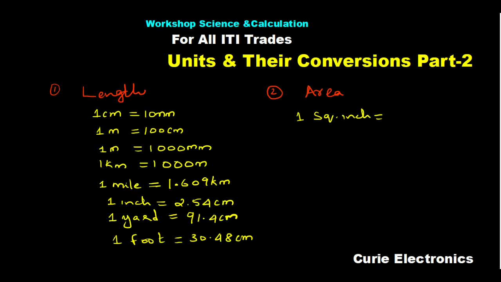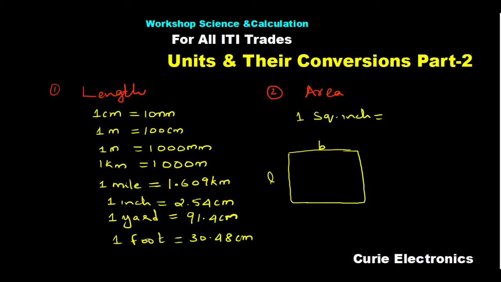How do we get area? Let us assume that we have a rectangle or a square. Length into breadth, when multiplied, gives the area of the rectangle.